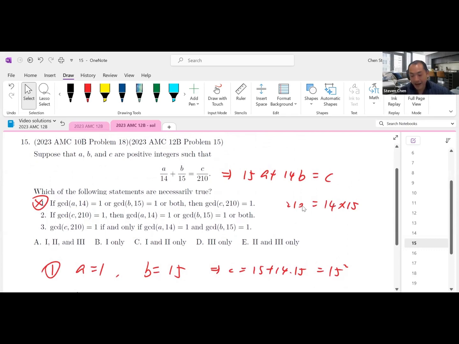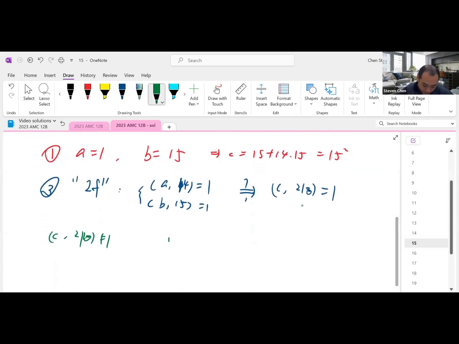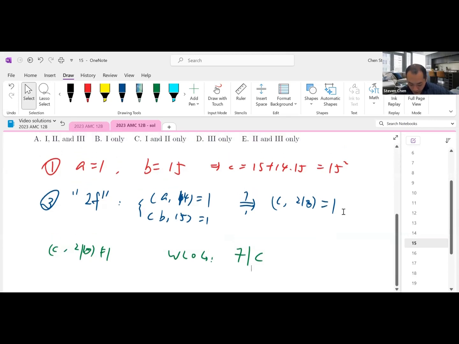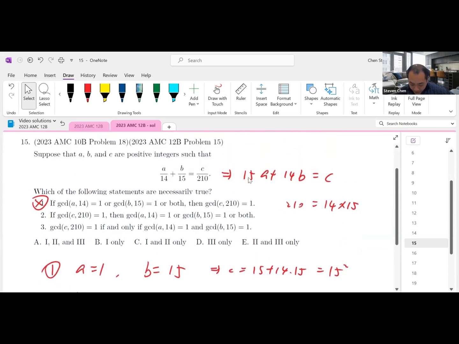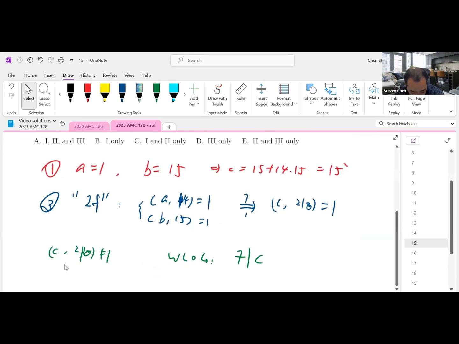Let's say it contains a factor 7. Okay. Let's say 7 divides C. Okay. So what's going on next? Recall that A, B, C should satisfy this given equation.